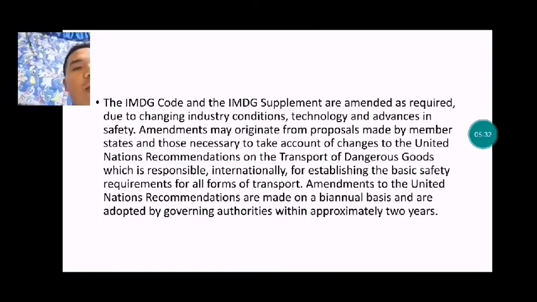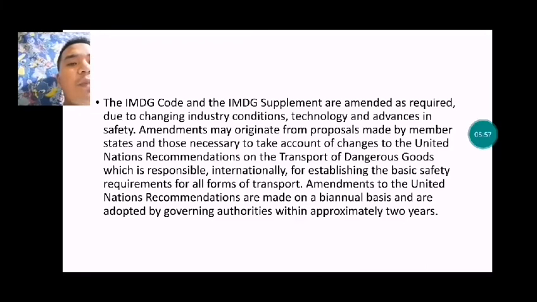The IMDG Code and the IMDG supplement are amended as required due to changing industry conditions, technology, and advances in safety. Amendments may originate from proposals made by member states and those necessary to take account of changes to the United Nations recommendations on the transport of dangerous goods, which is responsible internationally for establishing the basic safety requirements for all forms of transport.